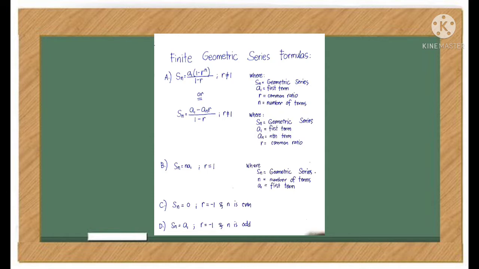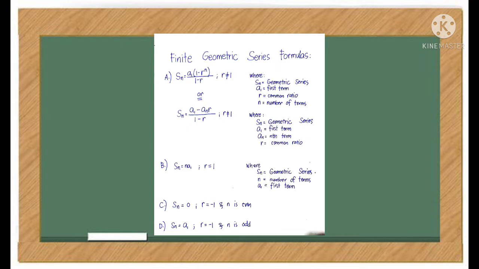You're going to use the formula if your r is not equal to 1, where your S sub n is geometric series, A sub 1 is first term, r is common ratio, and n is number of terms. You can use the formula if you are not given the last term.